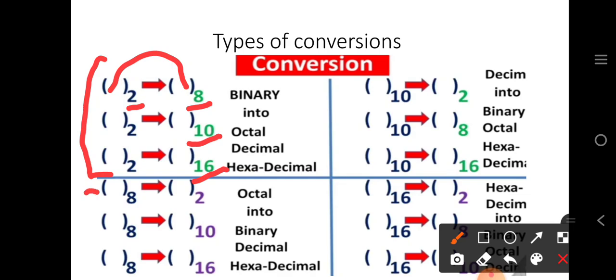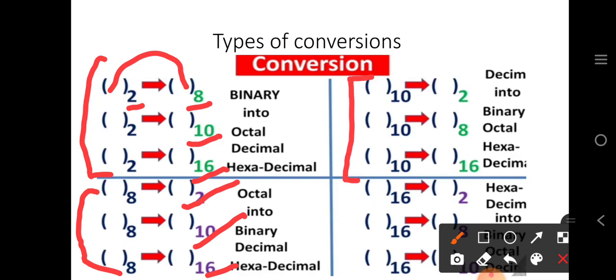Then in the second block we will see the octal numbering system. It is converted into 3 conversions, that is first one is binary, then the decimal and the hexadecimal. So the first block consists of binary to other 3 number systems. The second block consists of octal to other 3 numbering systems.